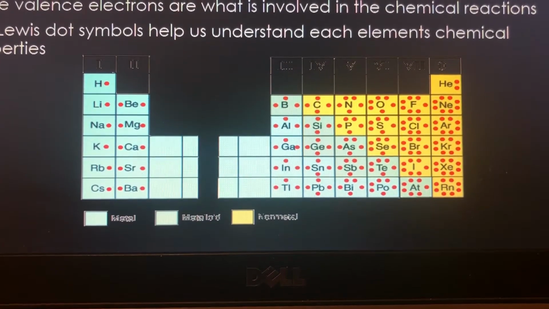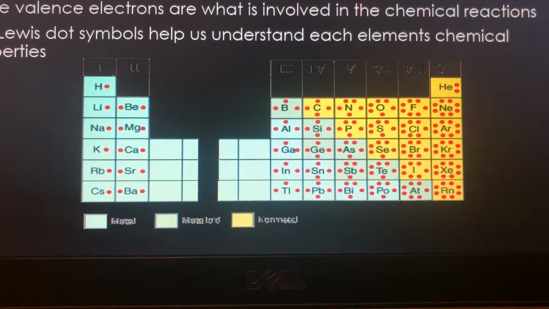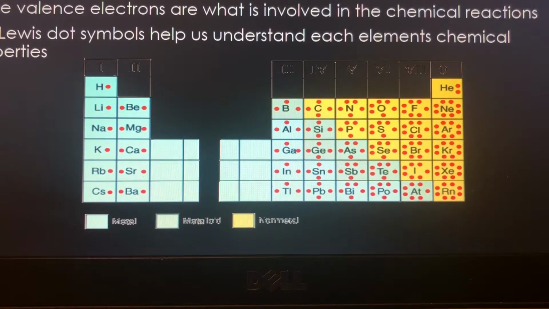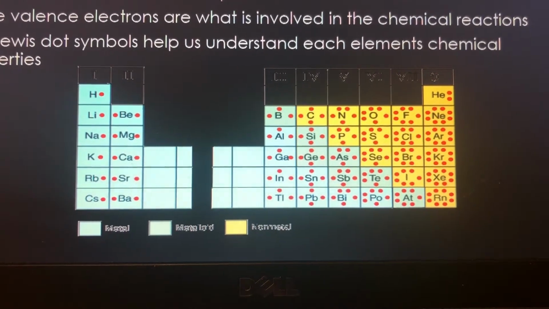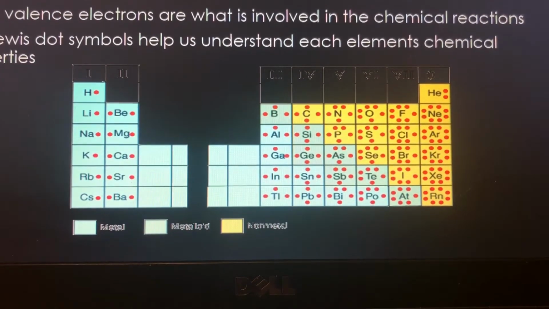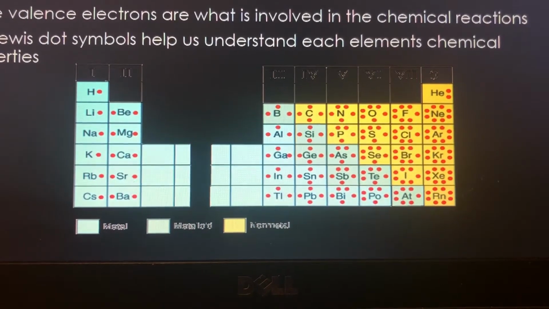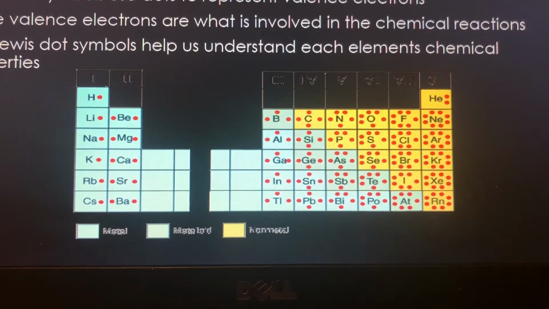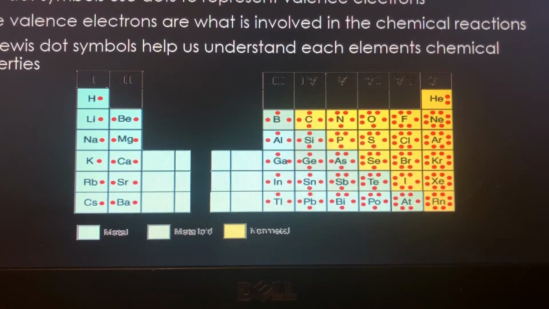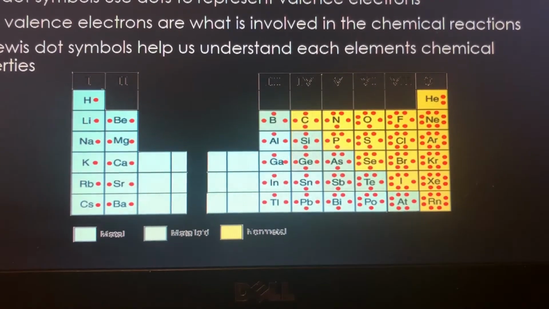If we were given the element sodium, how many valence electrons would sodium have? Correct. Because sodium is in group 1, it would have 1 valence electron.